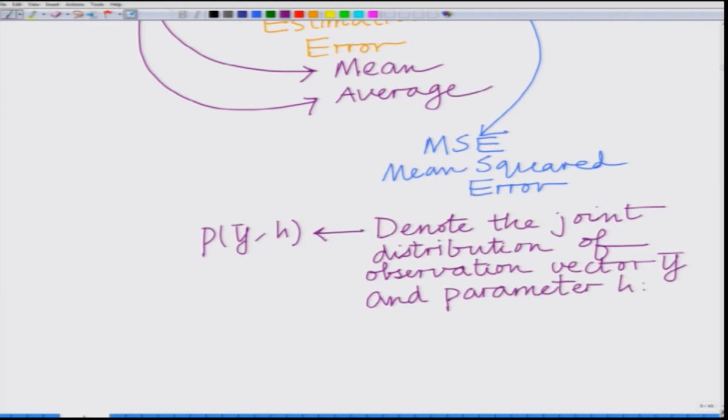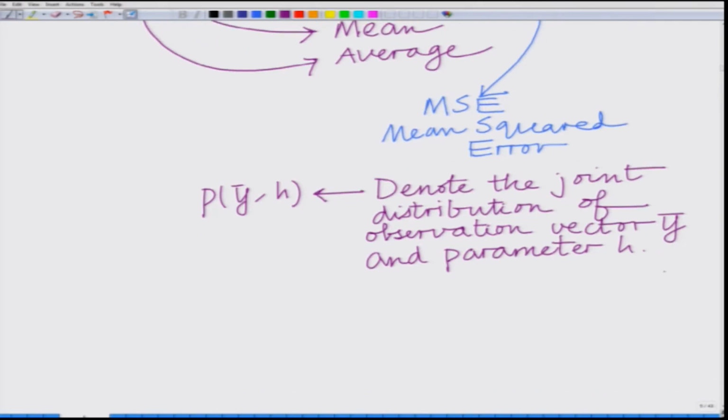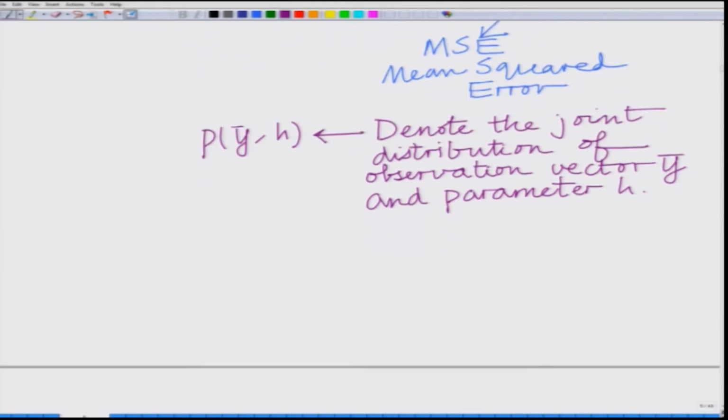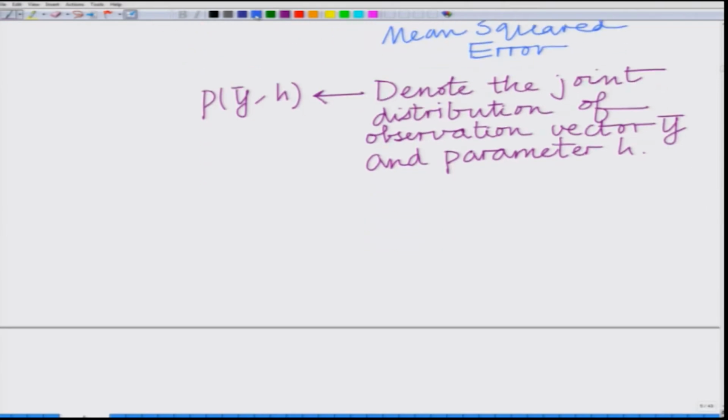This denotes the joint probability density function of the observation vector y bar and parameter h. Therefore, what I would like to do is to basically average.